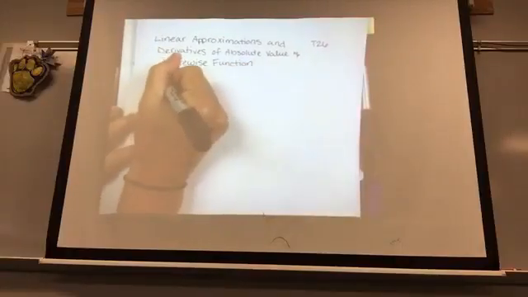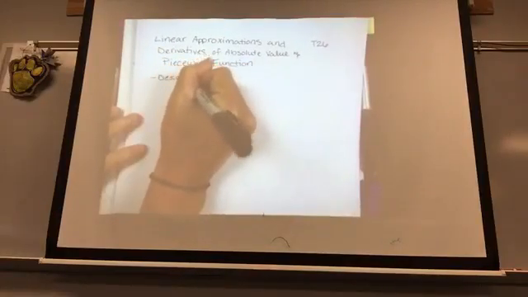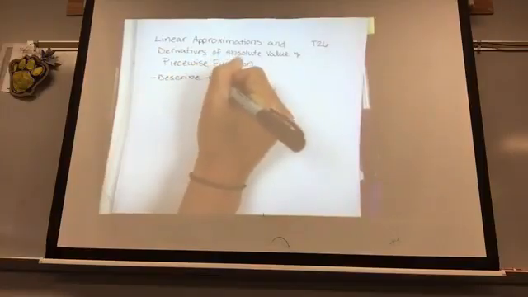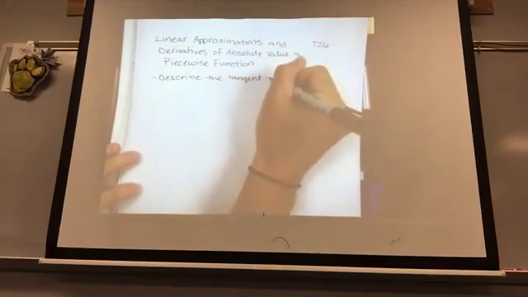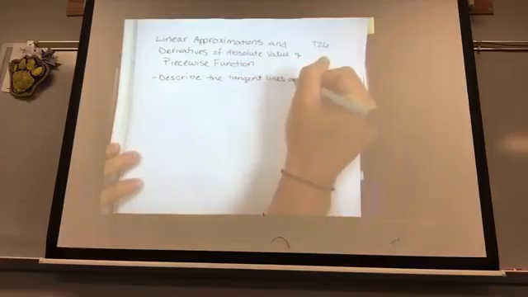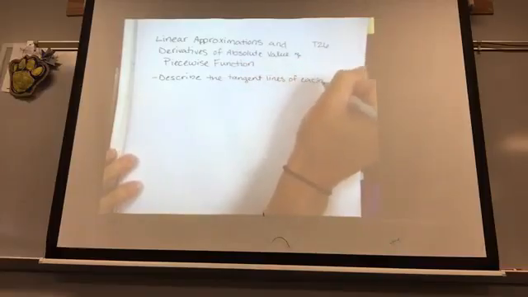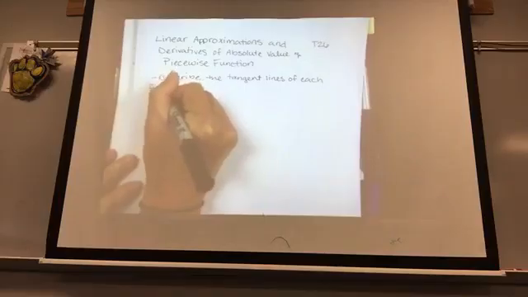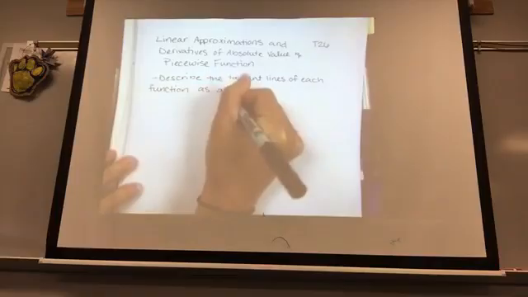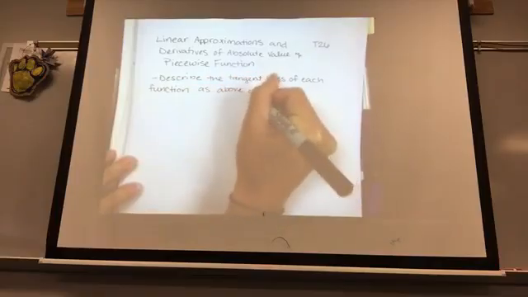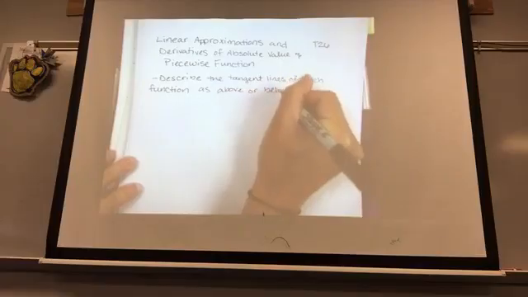First, describe the tangent lines of each function as above or below f of x.